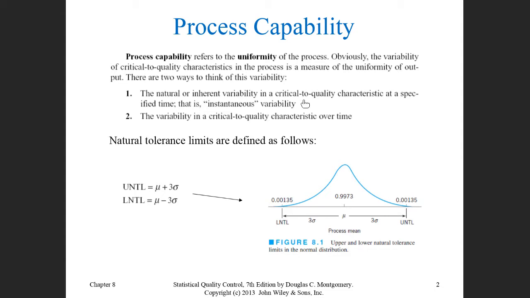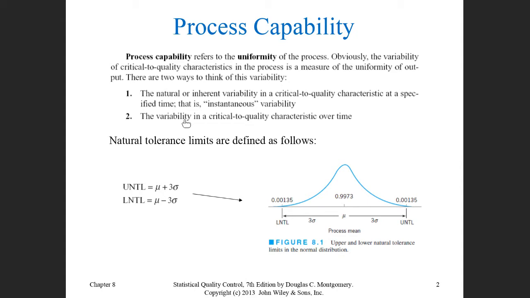Whereas the second type of variability is the variability that comes over a long time, and you can see it as drifting in the control chart or variation in a wide range exceeding the tolerance or the natural limits.